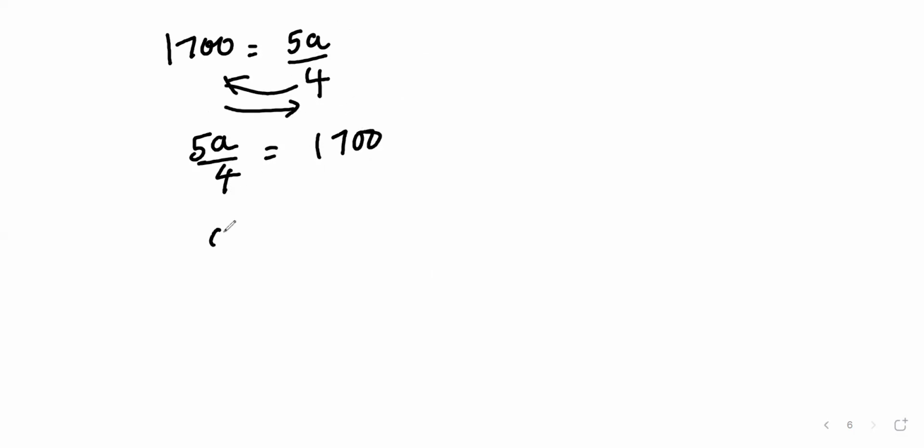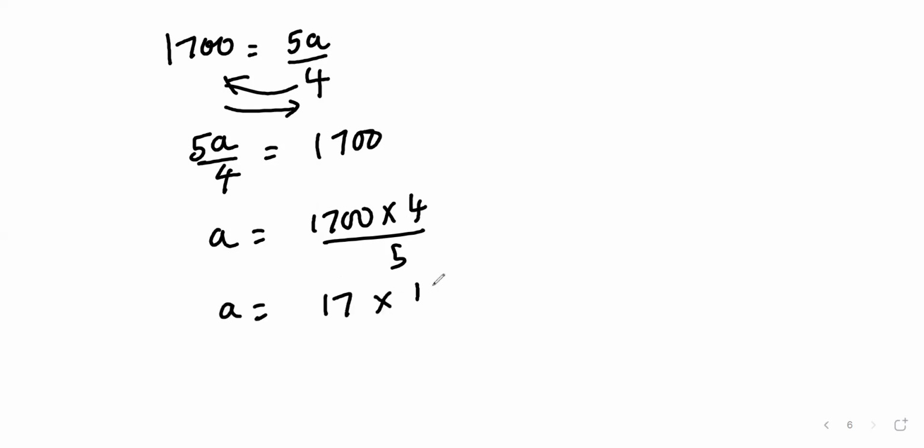Now you can keep A on one side, take the 4 up and take the 5 down. It will be 17. I can multiply this by 100 into 4 by 5, isn't it? So 5 ones are 5, 5 twenties are 100.